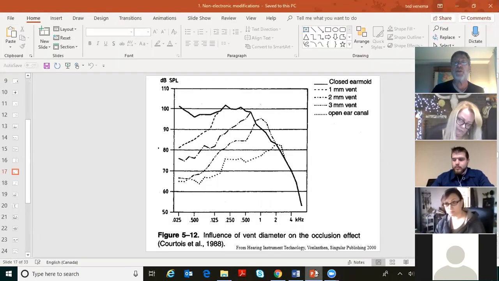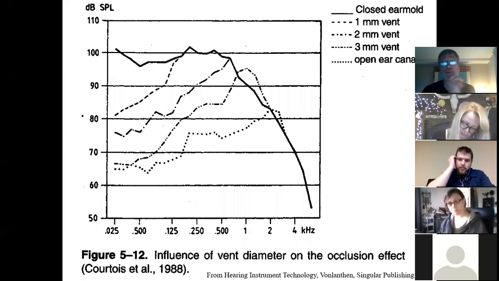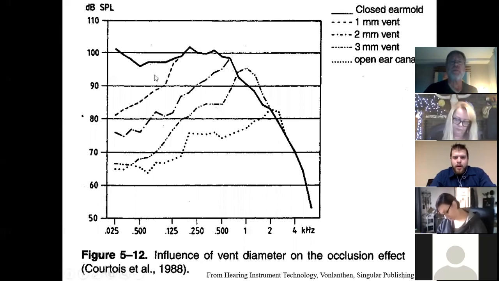Back to our PowerPoint slide here. This is an important graph. You may have seen this on various midterms or final exams. So here you go. You got frequency on the horizontal. You got dBSPL on the vertical. And look at the venting effects on the low frequencies. A closed ear mold isn't letting out any of the lows.